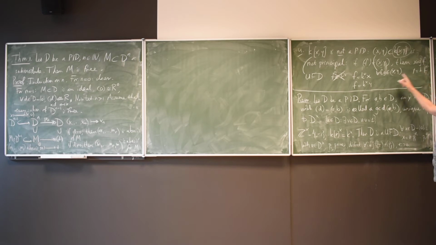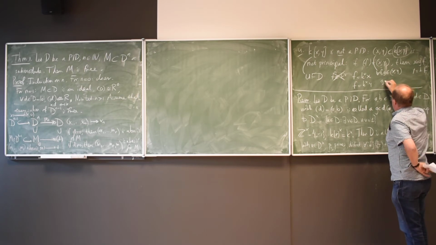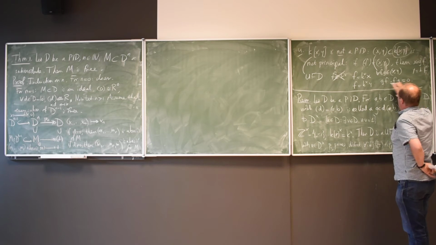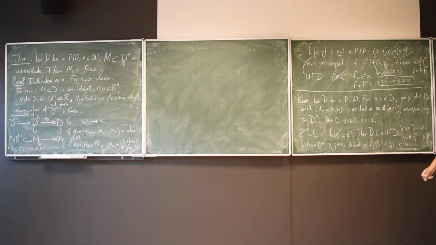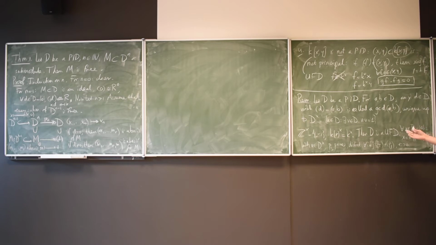But if you take elements in here, they are never independent over this ring, because you always have the relation that g times f minus f times g is 0. So that means that you can never find a basis in there, because if you try to use one element, I already told you cannot, and if you want to use more than one element, you get into this trouble.